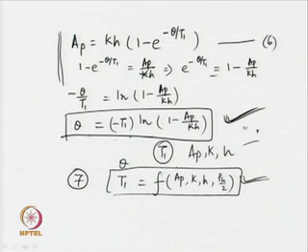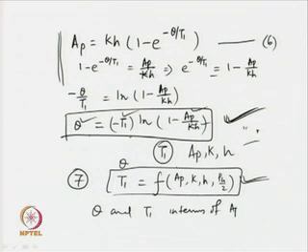After that, use T 1, A p, k and h to estimate theta. That is how we can derive explicit expressions for theta and T 1 in terms of the measurements A p, p u by 2 and the knowns k and h.